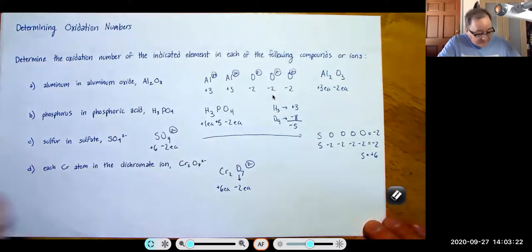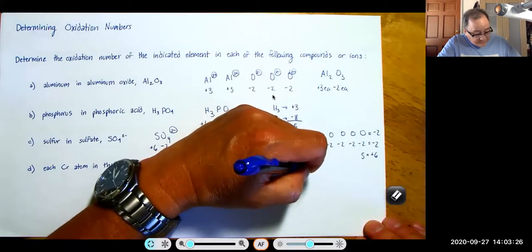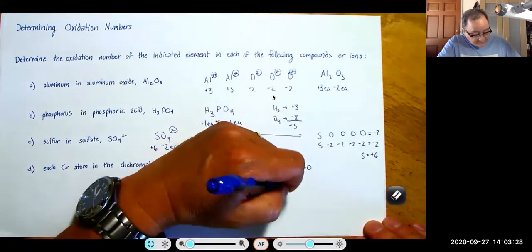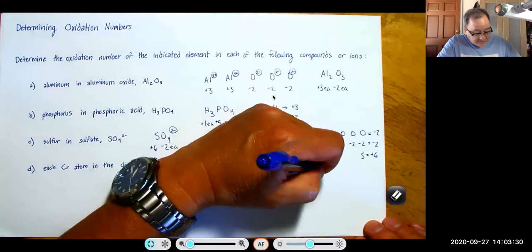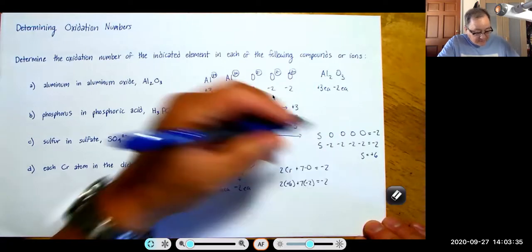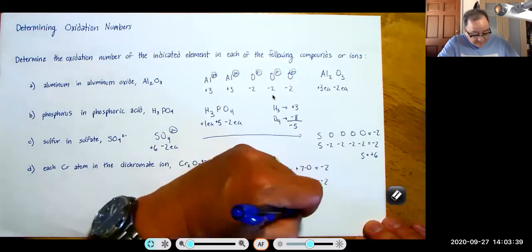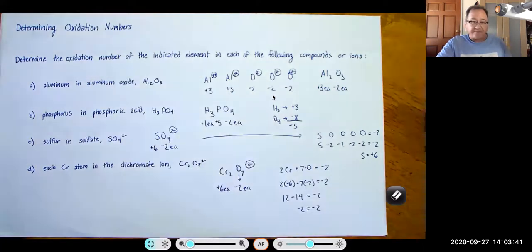And let's check. 2 chromiums plus 7 oxygens is 2 times +6, should be +12, plus 7 times -2, should be -14. 12 minus 14 is -2, -2 is -2, it checks out.